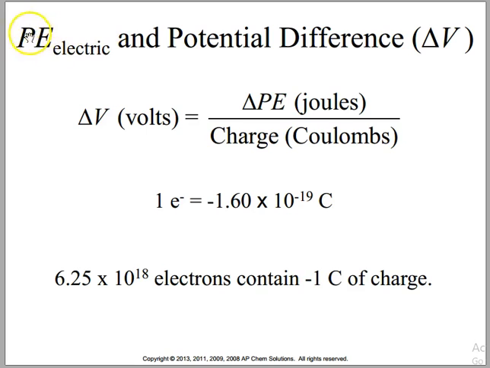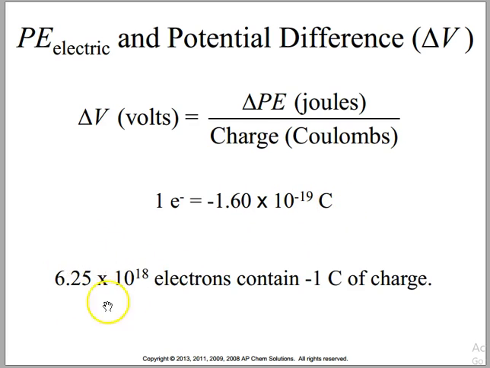So now let's look at electric potential energy and the potential difference, which is voltage. So batteries have volts, which is a change in potential energy measured in joules over a charge in coulombs. So one electron has a negative 1.6 times 10 to the negative 19 coulombic charge.